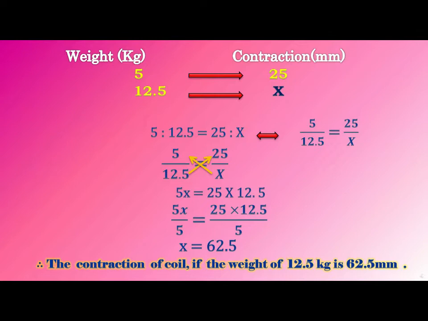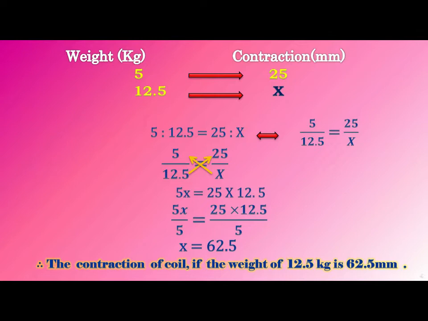The weight and the contraction are separately written as a ratio, and we know that it is a direct proportion. So, on the other side we can write the ratio as 25 to x. In a direct proportion, both ratios are equal. The ratio of weight and the ratio of contraction should be equal.